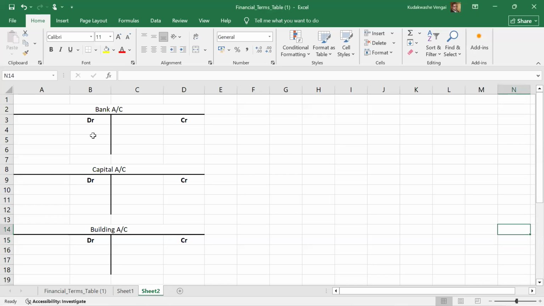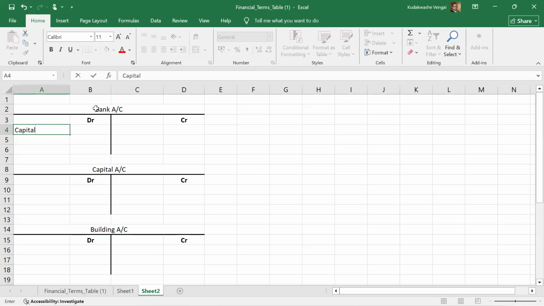A bank account is an example of a real account in a business. Remember, we said, for example, that you start a business and you have 100,000. When you are recording in accounting, you are going to say capital.